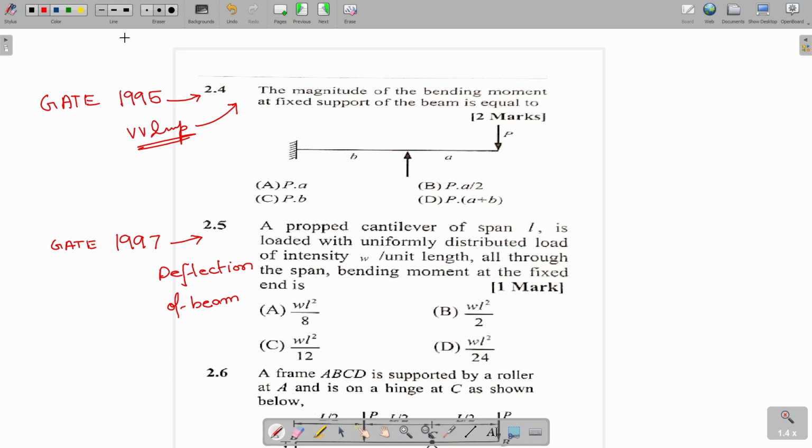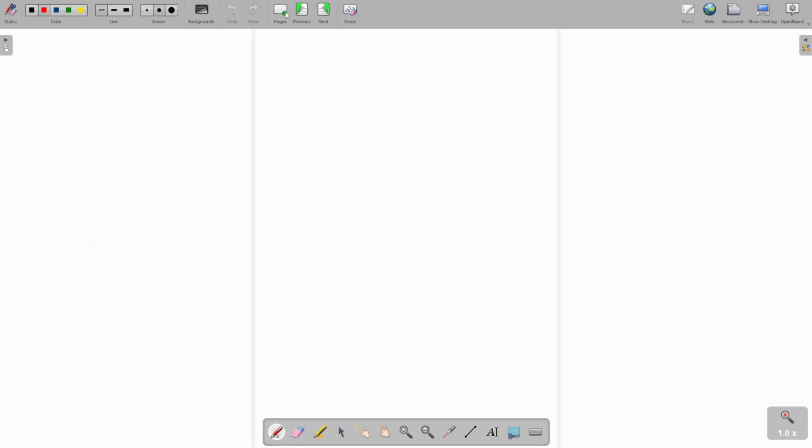So first, let us draw the beam. Now, it is a prop cantilever beam. So, this is the cantilever beam and this is the prop end. Okay.